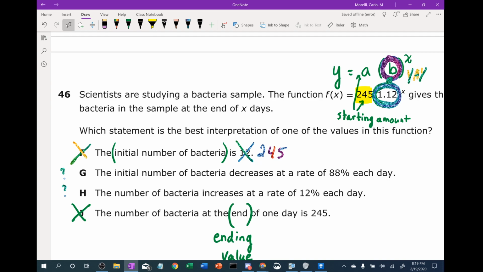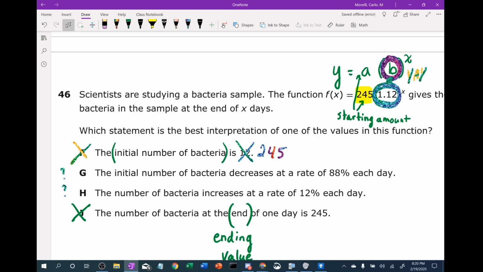So if I were to multiply 245 times 1, what would I have? 245 times 1 is just 245.